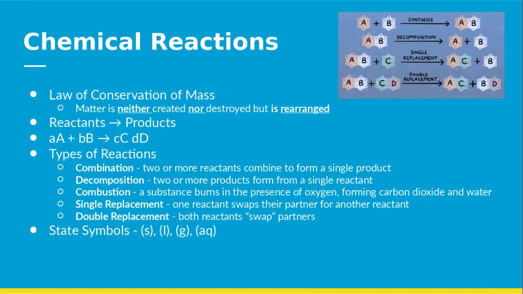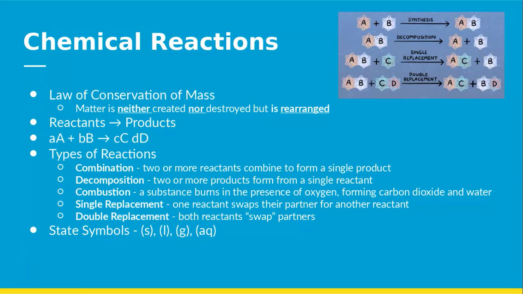Okay, so one of the first topics covered is exactly what is a chemical reaction. As you will probably remember discussing in class, the law of conservation of mass is the idea that matter within the universe is neither created nor destroyed.